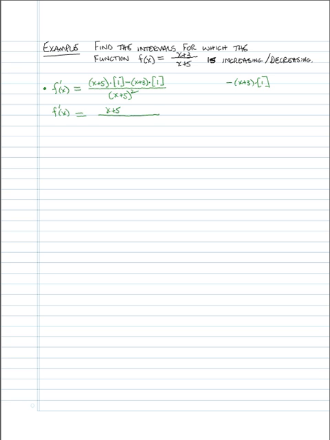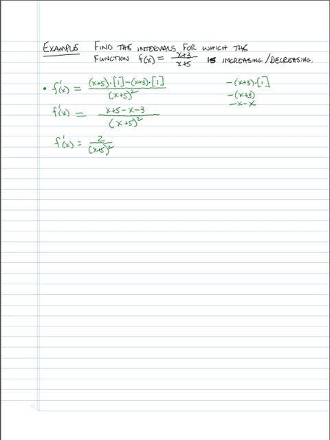That's just negative x plus 3, and that ends up being negative x minus 3, doesn't it? So here we have a minus x minus 3, all over x plus 5 squared. And then above, x minus x is 0, and 5 minus 3 is 2. So this simplifies to f prime of x is 2 over x plus 5 squared.